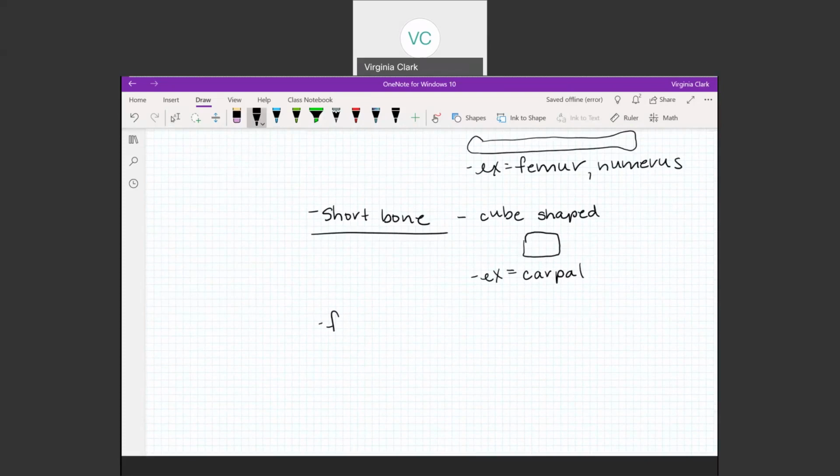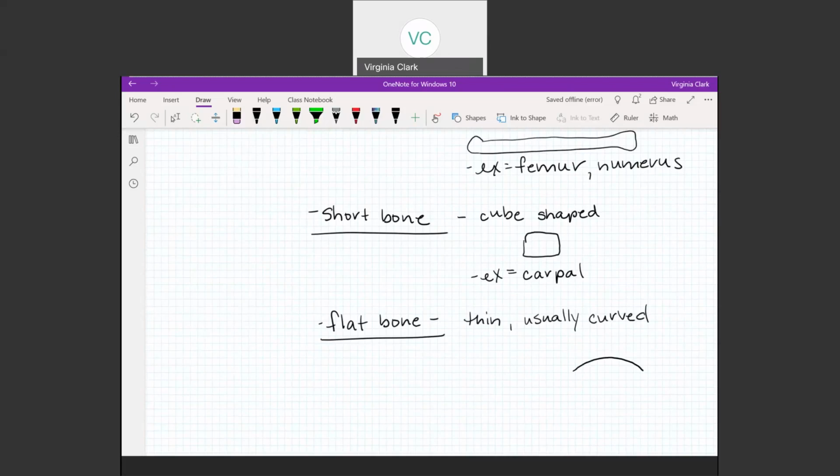You can also have a flat bone. And a flat bone will be one that is essentially super on the thin side. It's not going to be thick. These are also usually going to be slightly curved. So instead of being like a flat piece of paper, these bones will usually have some sort of natural curve to it.